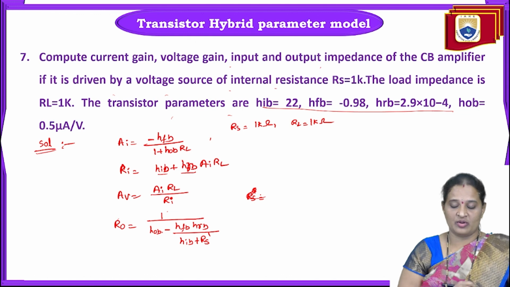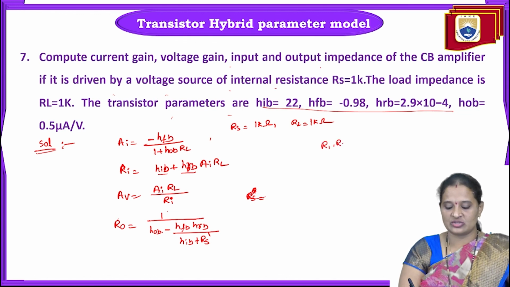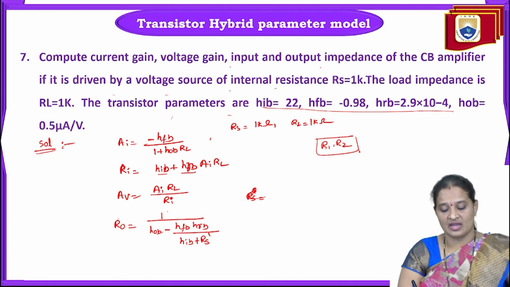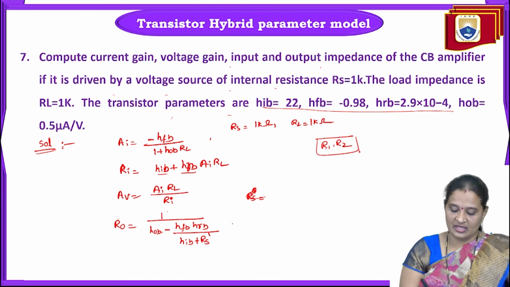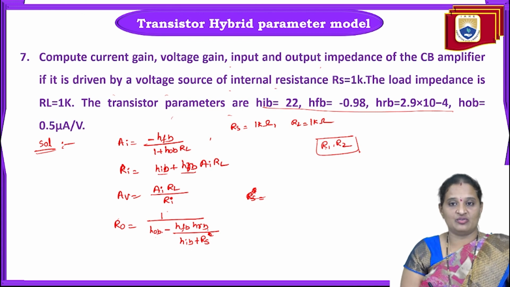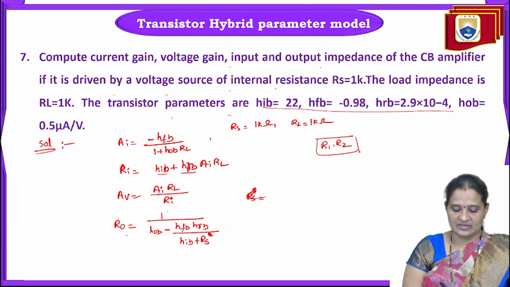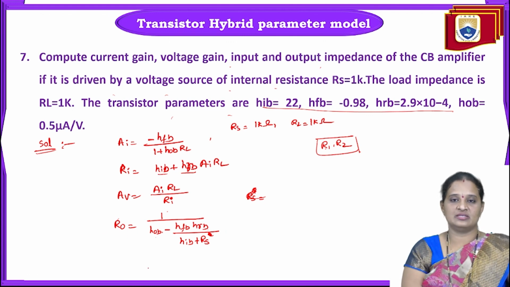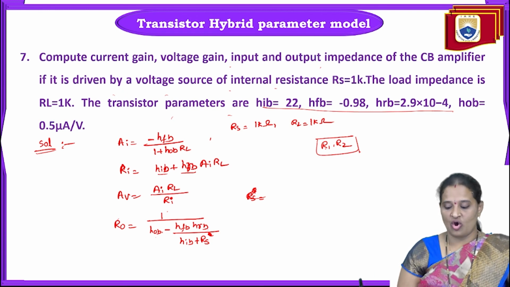In the previous problem, as two more resistances, R1 and R2, were given, we took those two in parallel with RS, so we calculated that. But here, as only the RS value is given, just substitute all these values: HOB minus HRB into HFB divided by HIB plus RS. So this is the way we can solve the problems given on common base configuration, that is, the common base amplifier.